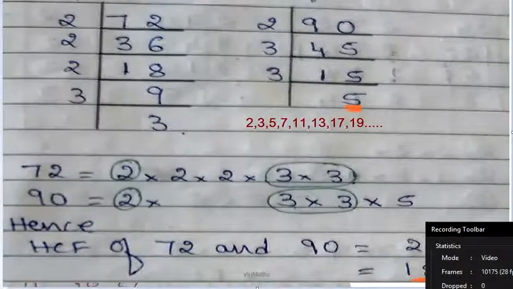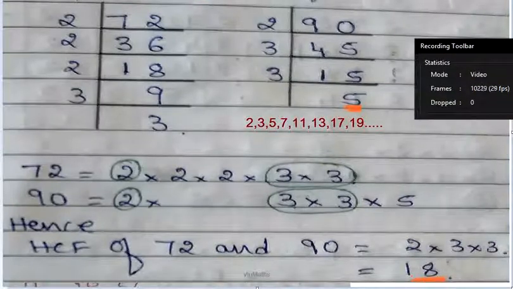So that we'll choose. 2 is common, so we chose it 1 time. This other 2 is here, but here it is not there, so we skipped. One more 2 is here, but it is not here, we skipped. Now we have only 1 time 2, that only we wrote here.